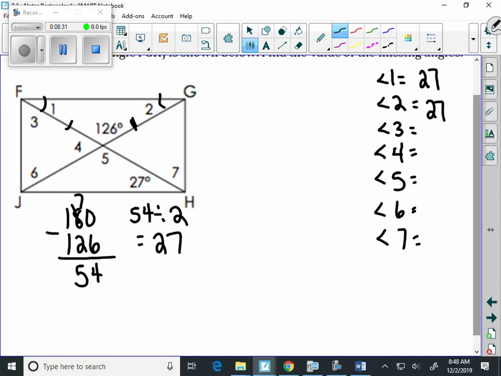Another angle that we know, going out of order here, is that 126 here is vertical to angle 5, which means that angle 5 is 126 degrees.